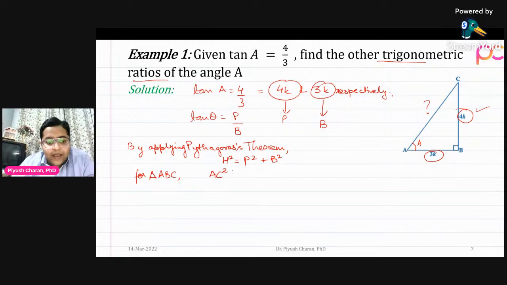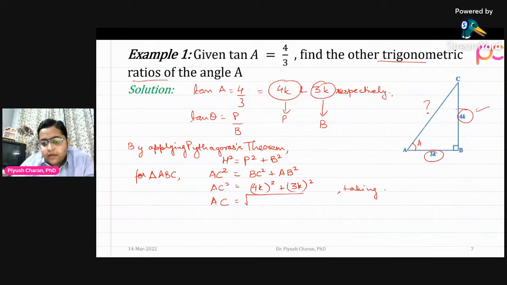So we'll write AC square equals BC square plus AB square. That means AC square is equal to 4k square plus 3k square. Taking square root on both sides, we get AC equal to square root of 16k square plus 9k square.